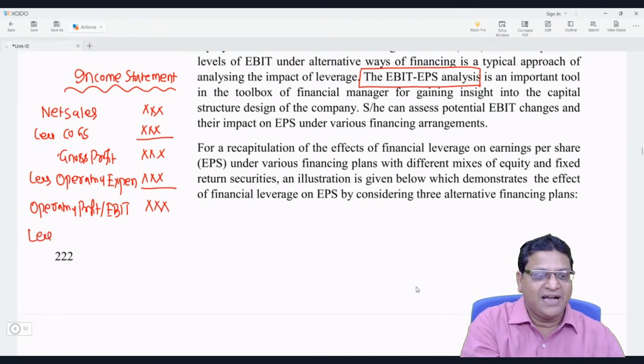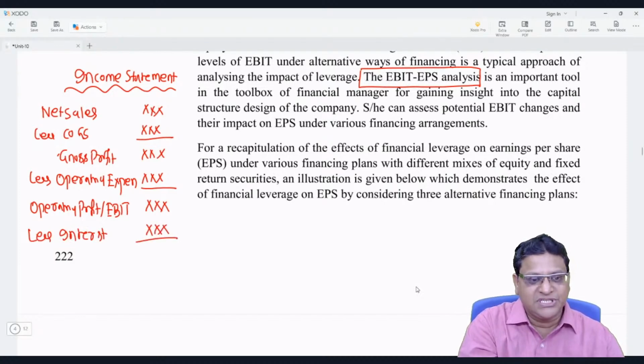Out of this, first you pay interest. Once you pay interest, what remains is earning before tax. Then you deduct tax. You get earning after tax, or profit after tax, which is known as net profit.